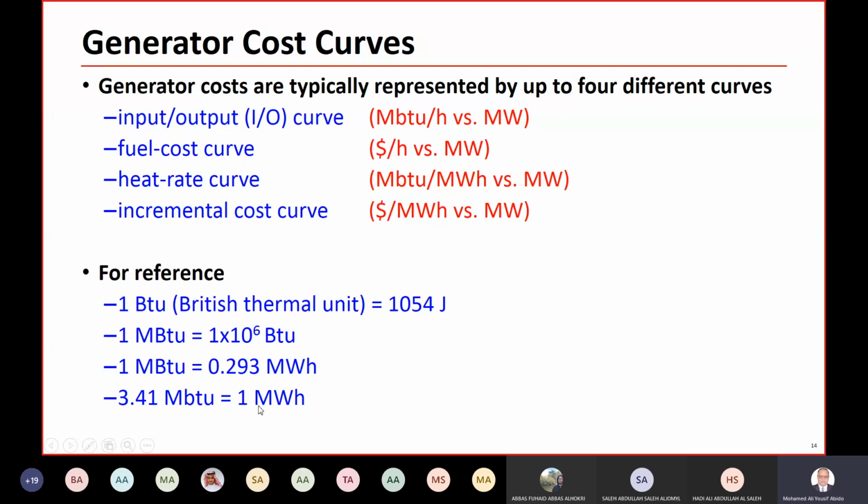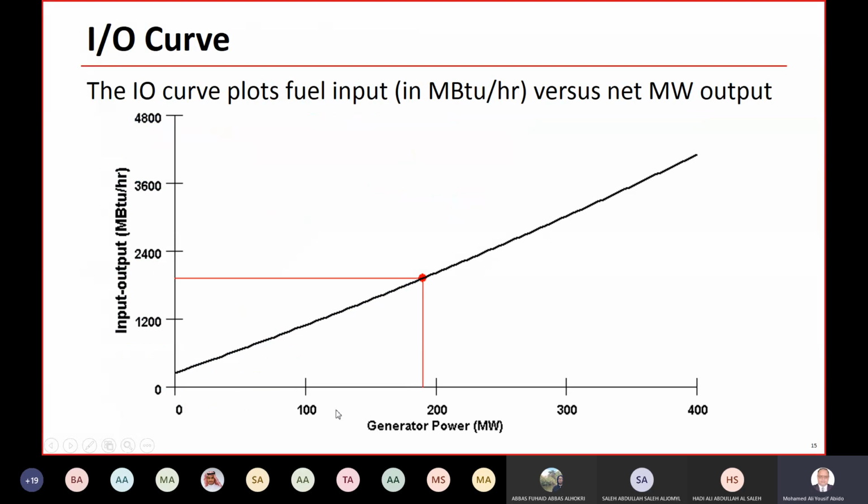And of course, if you need 1 megawatt hour, then it is 1 over this value, which gives you 3.41. This is just for transformation. You don't need to have this. If you have this one, you can generate those.